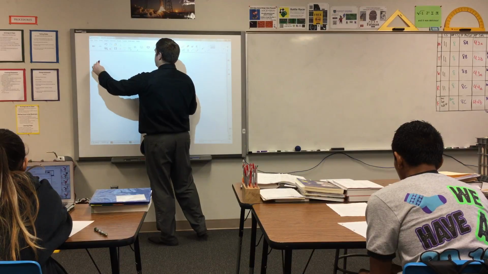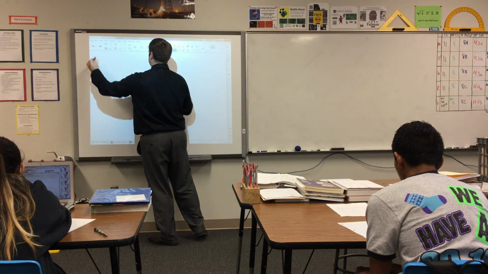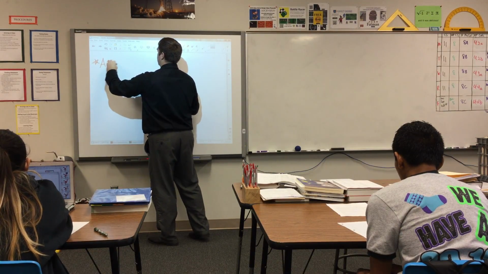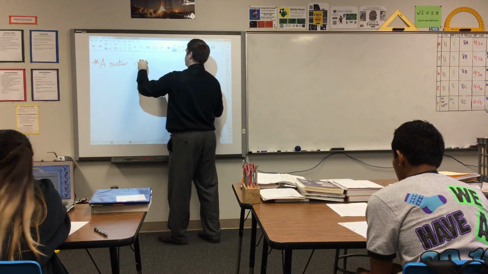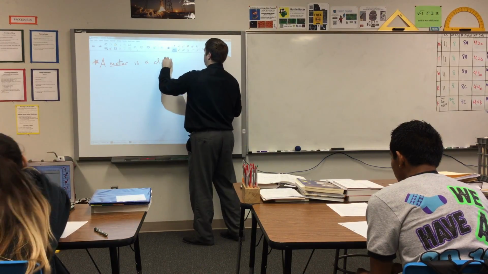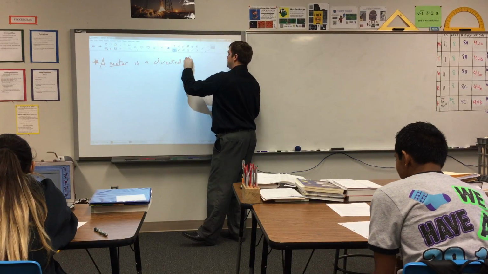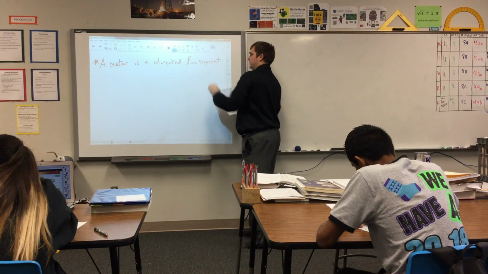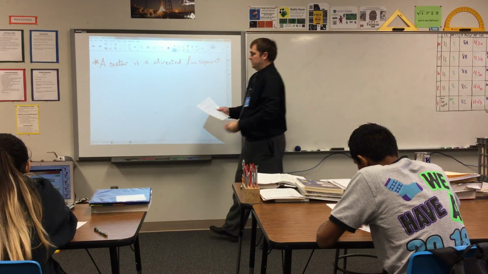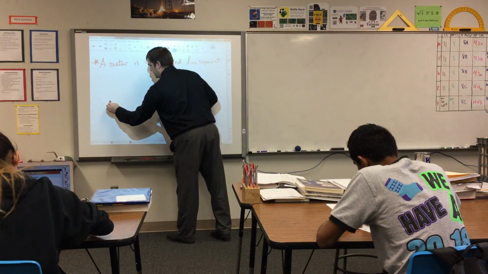Okay, so what is a vector? Well, a vector is a directed line segment. So we're going to start way back at the beginning here. So this is a vector.